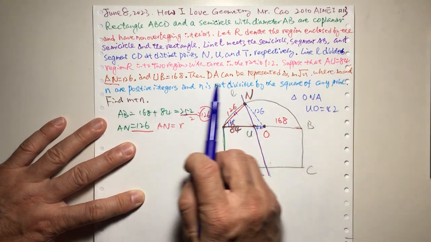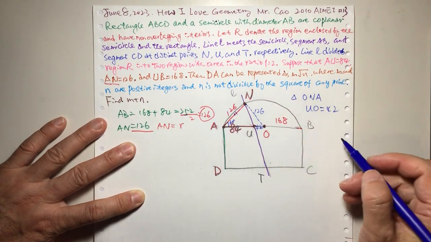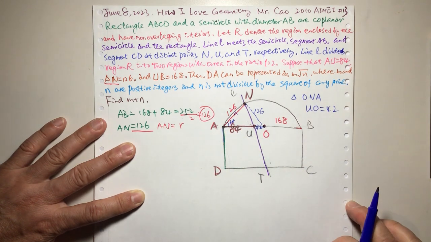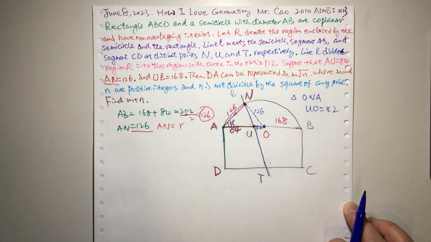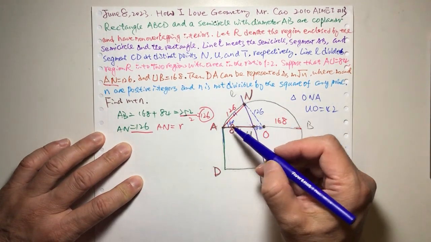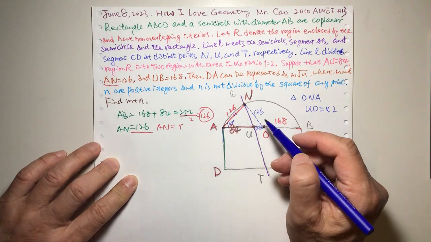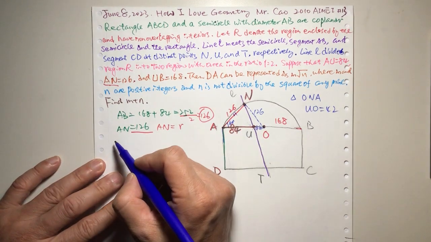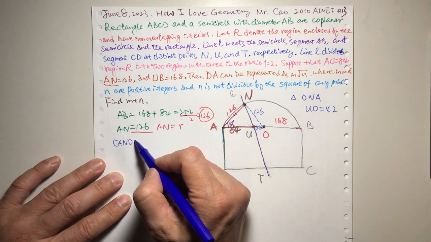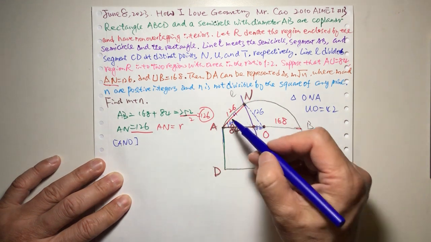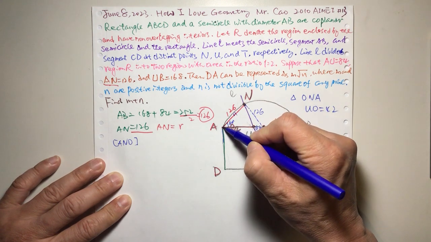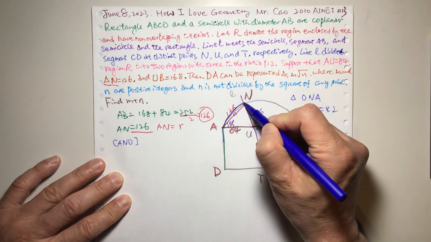Suppose that we want to find DA. From the given information, we know this part of the area, ANO. Let us use the area ANO. ANO is not just the area of the triangle, it includes this part, right?